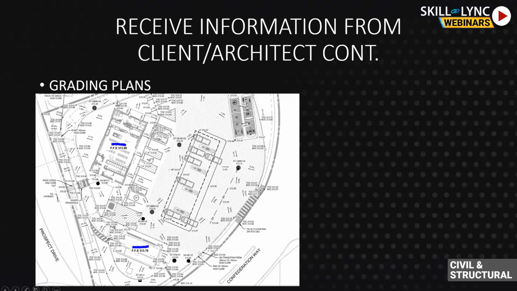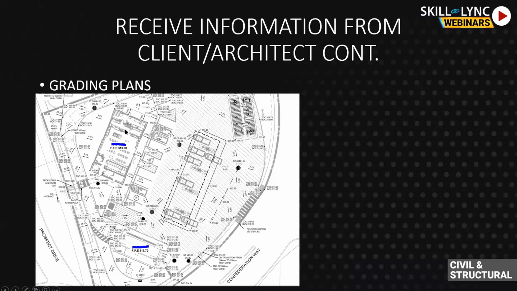And in this one, you might not see much of the elevation change. But just to give you an explanation, if this is the building and the grade here is sloping, and one of my elevations on the grade is, let's say, 300 meters at this point, and when I come somewhere in the middle of the building, my grade elevation changes to 280 meters. So it's a slope from this point to this point of 20 meters.